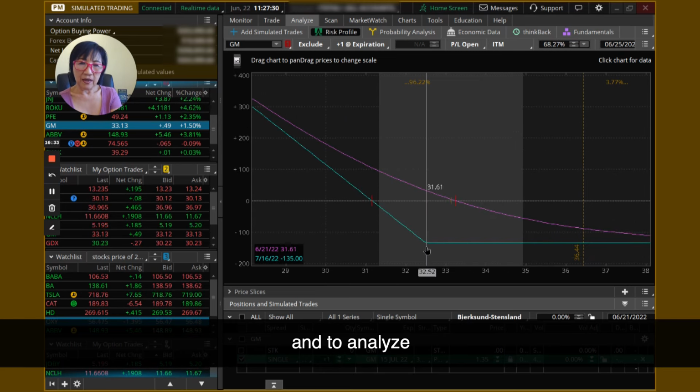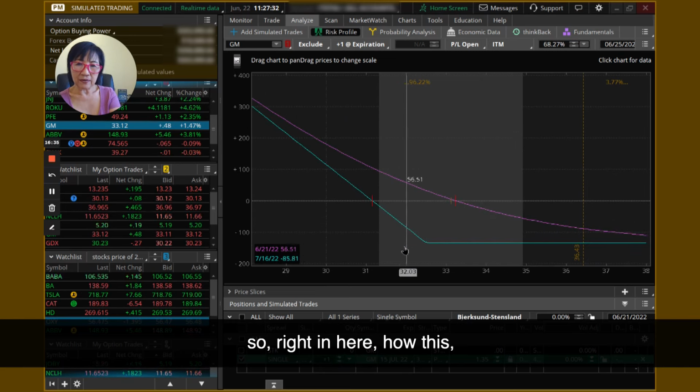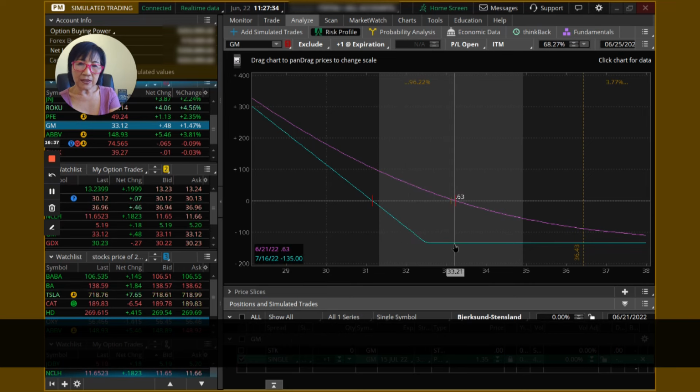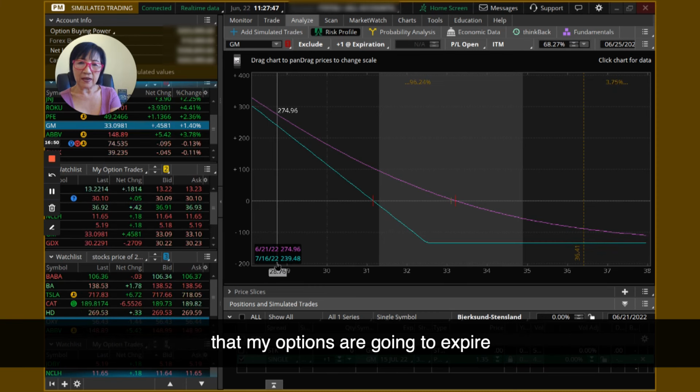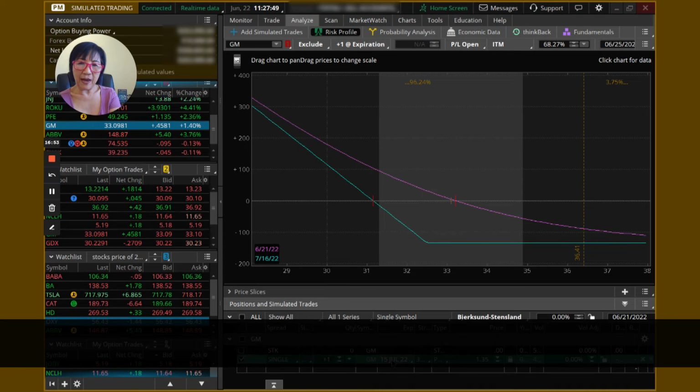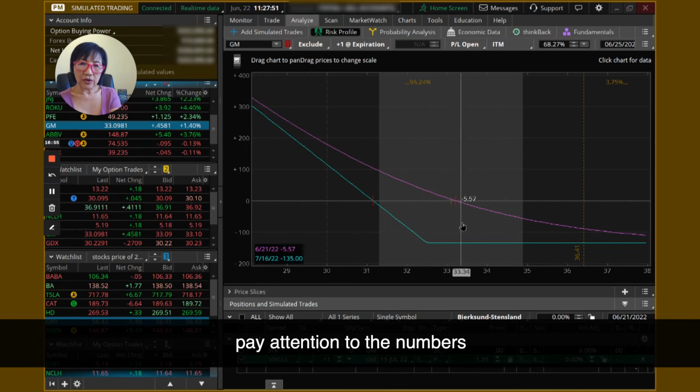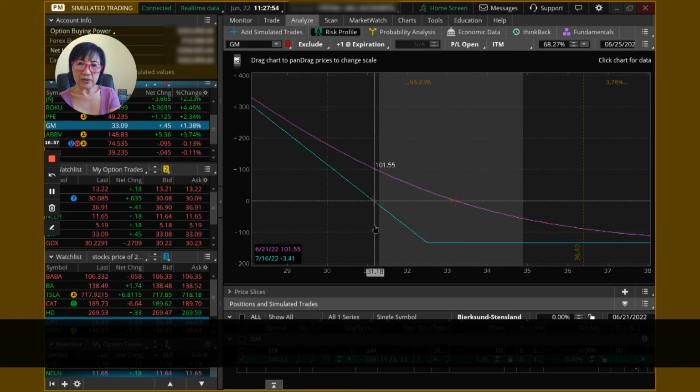To analyze, pay attention to this red line here. 6/21 is today's date, and 7/16 is the day that my option is going to expire. Pay attention to the numbers, they change. So this is a down trade.